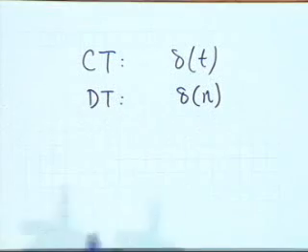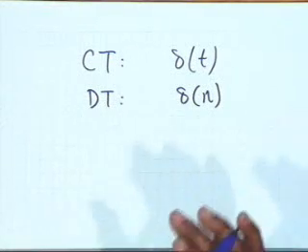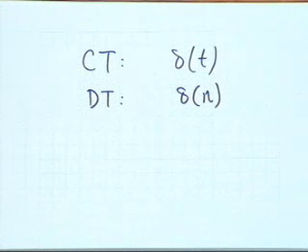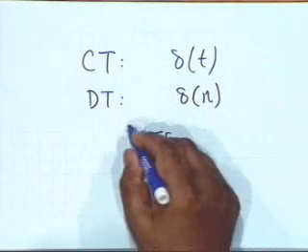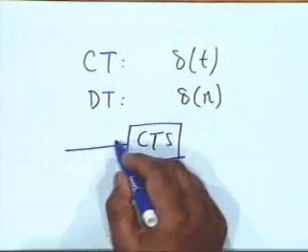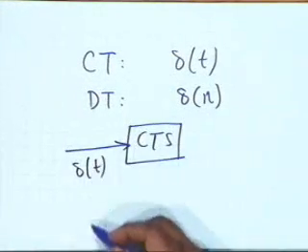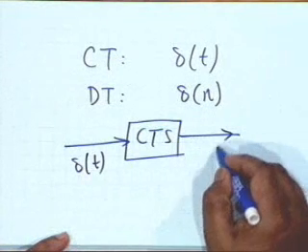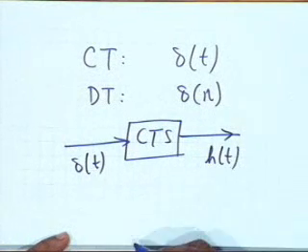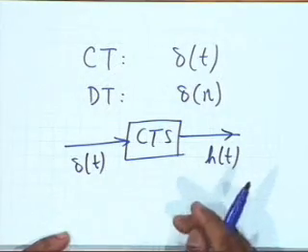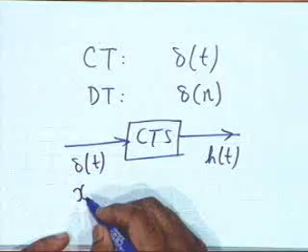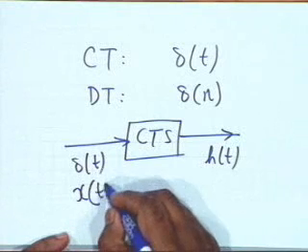Now, this is a very important statement that I am making: if in a continuous time system, you know the response of the system to delta of t, a unit impulse function, let's call this h of t, then the theorem says that you can find out the response to any arbitrary signal x of t.